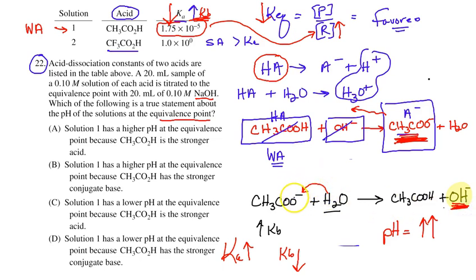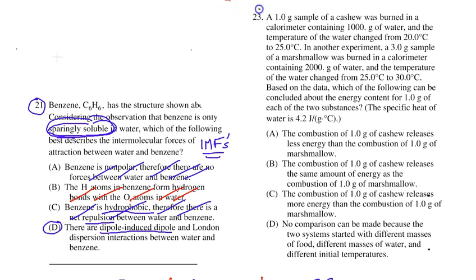And therefore, at the equivalence point, solution 1 has a higher pH because this has a stronger conjugate base. Choice B. You really need to look this over, review this question. As I keep saying, acid and base is going nowhere. 22 is B.